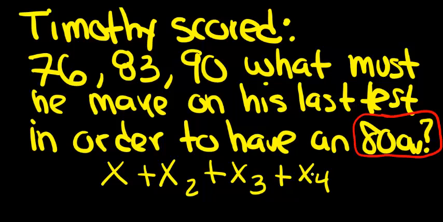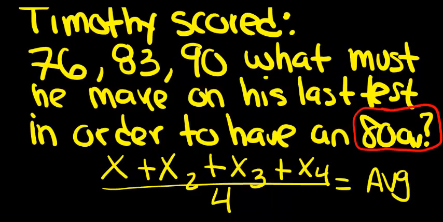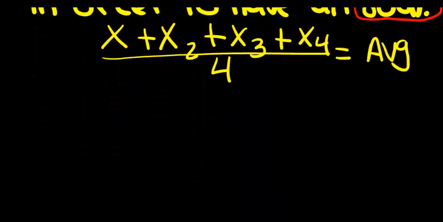We take all of these tests, add them together, and divide by how many tests we have, which is 4, and that will give us our average. So this formula is going to be helpful in solving this problem. So we know his test scores. We just are missing 1, and we know that he wants his average to be 80. So let's go ahead and rework this formula.